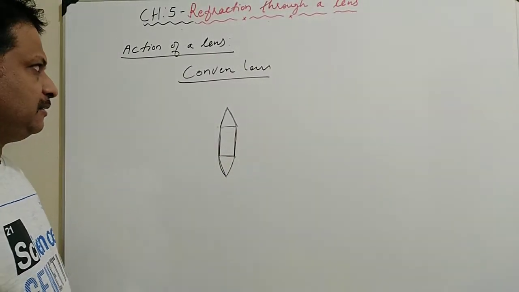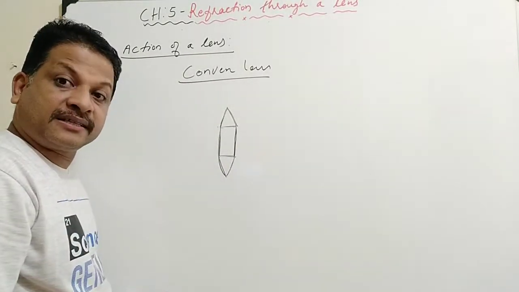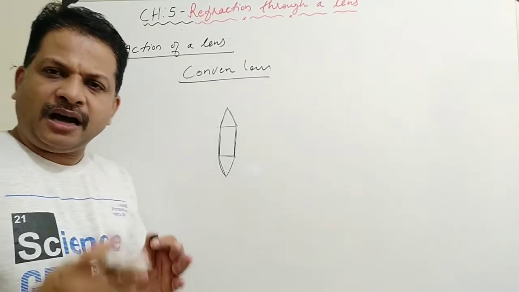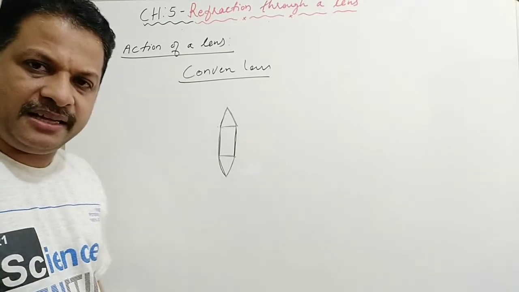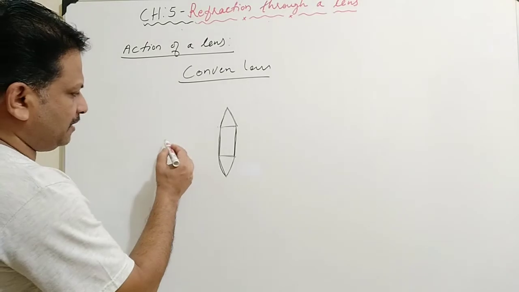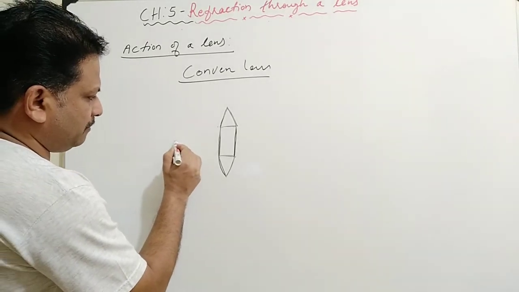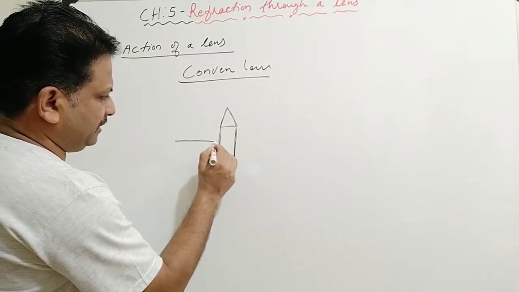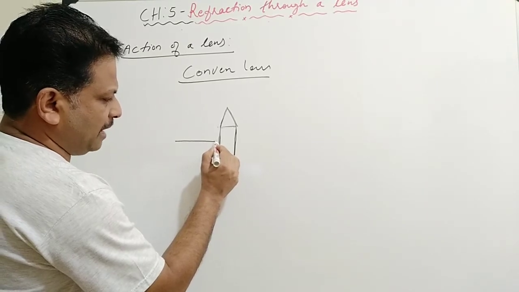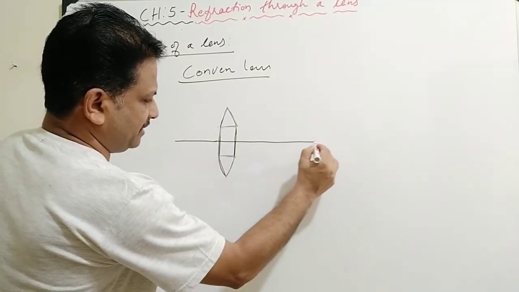Clear? A convex lens is also known as converging lens. How does the converging action take place? Let us see. As you know, a ray of light falling on a glass slab perpendicularly passes through and deviates.